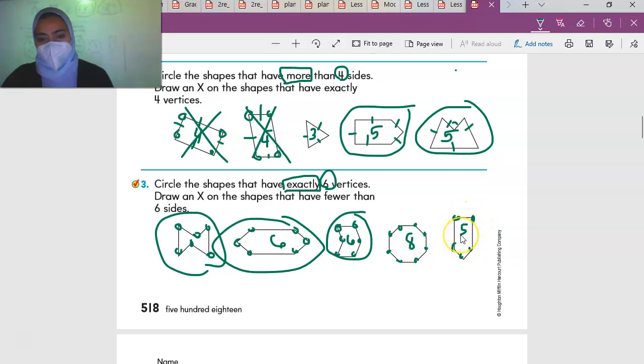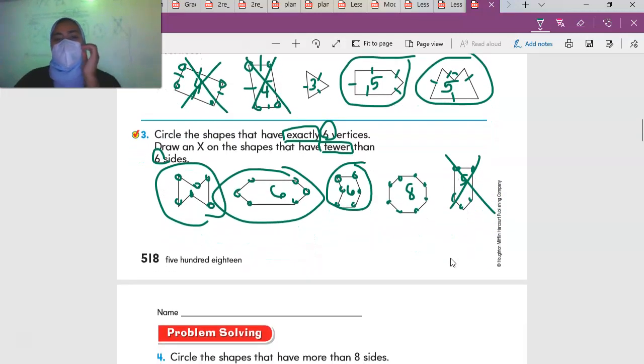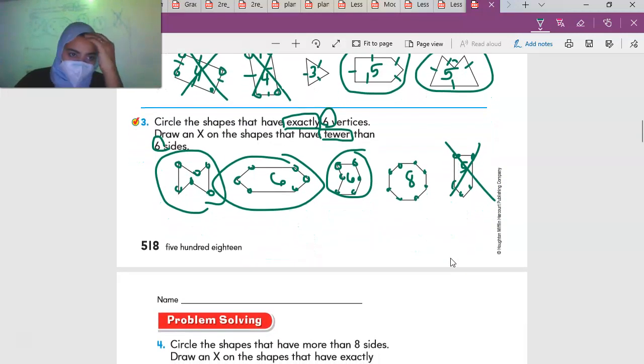Nope. All right, now draw an X on the shapes that have fewer than 6 sides. So smaller than 6. Is 8 smaller than 6? No. Is 5 smaller than 6? X.